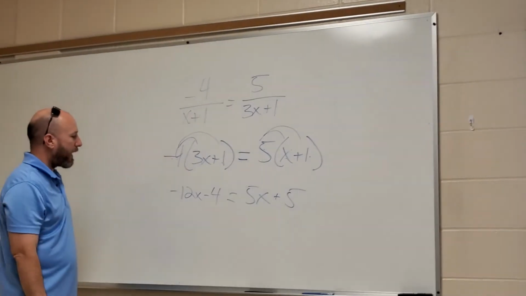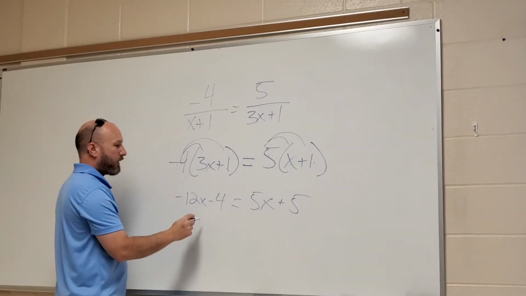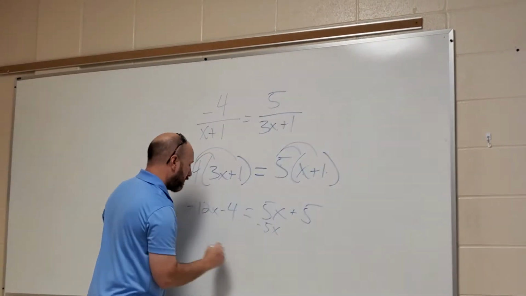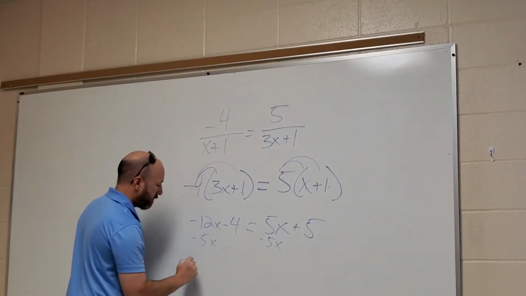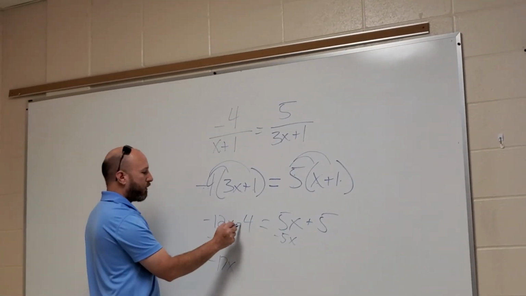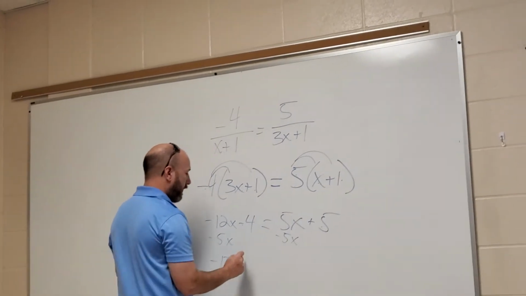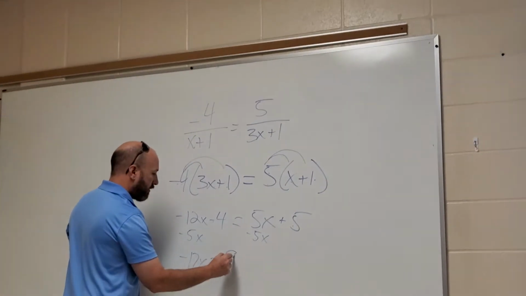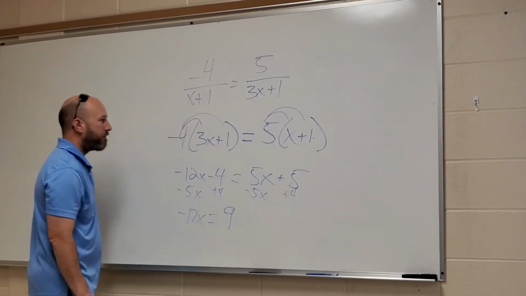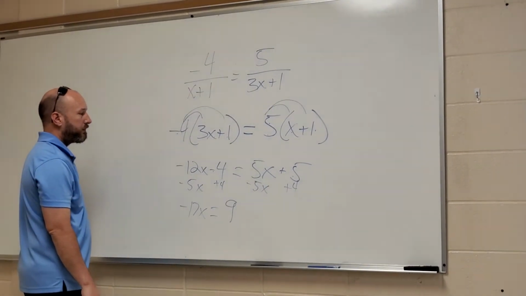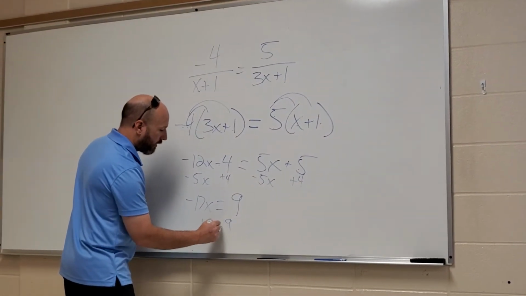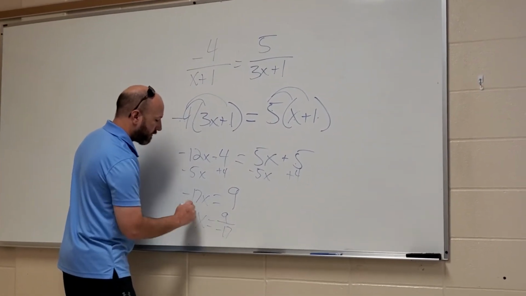Now all you got to do is combine your like terms. So let's move our 5x over here. So that's negative 17x. And move our 4 over here. So plus 4 plus 4. And so x is 9 over negative 17.